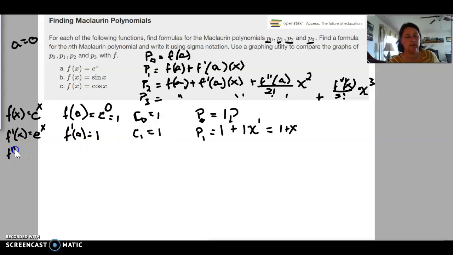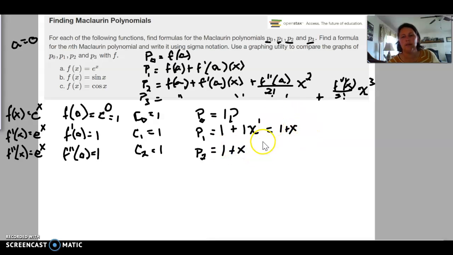Okay, next one. The second derivative of f of x is equal to e to the x. Plug in a, which in this case is 0. It's 1 again. Our coefficient is 1. And then our polynomial of degree 2 is going to be what we previously had, which was 1 plus x, plus the second derivative of a, so f double prime of a, which is 1 again.